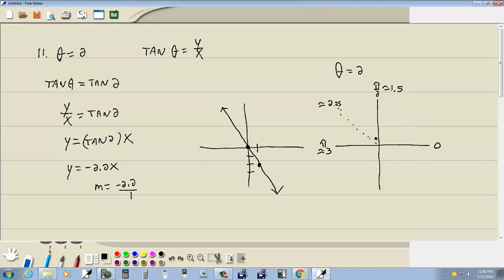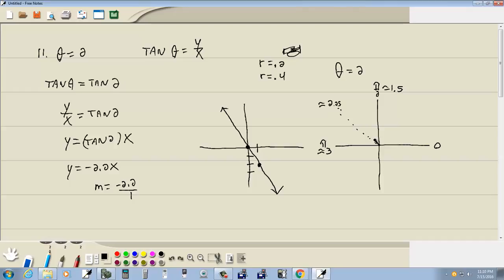Now we don't know what our radius is, which means our radius can be 1. So I'm right here. Go out a radius of 1. Let's try it again. Radius is 0.2. So I go out a distance of 0.2, which maybe looks like that right there. It could be 0.4.